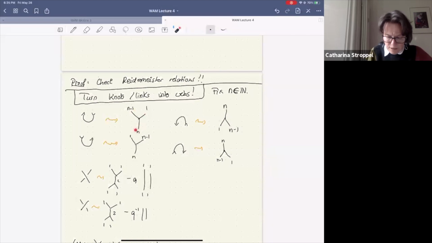It has at the bottom this number n, and then I split. If you think back at the definition of a co-evaluation, we said this sort of cup diagram is often representing a co-evaluation going from the identity element to V dual tensor V. So this pointing down is my V and pointing up is V dual.